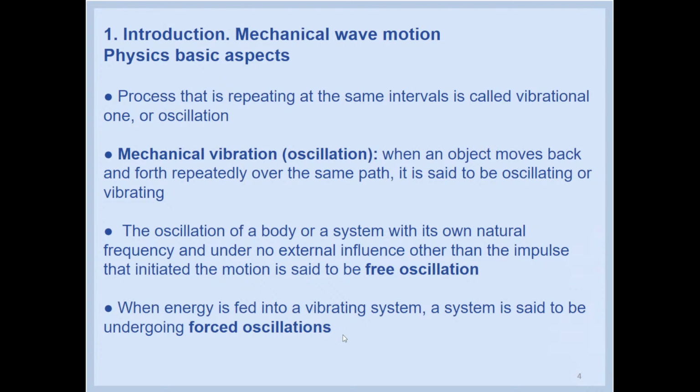When energy is fed into a vibrating system, the system is said to be undergoing forced oscillations. In this case, the frequency of the oscillations of the system equals the frequency of the forcing, equals the frequency of the force acting on the system.